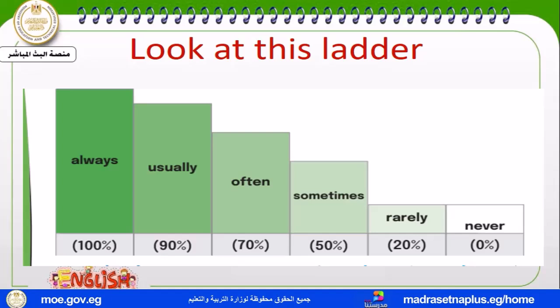I rarely use my father's mobile phone, that means I may use it 1 time or 2 times. But my mother never allows me or never lets me use her mobile phone. So I don't use it at all.